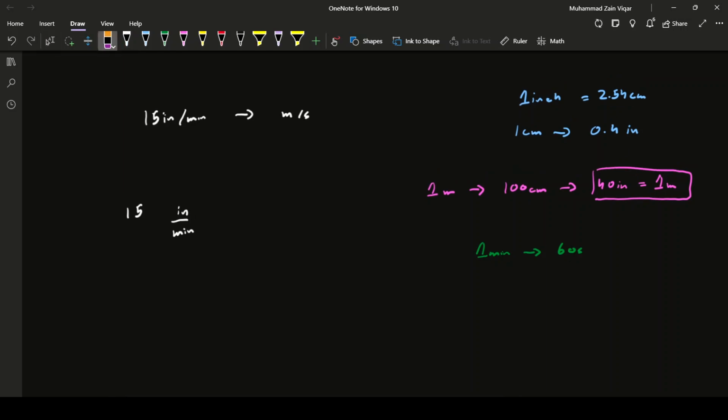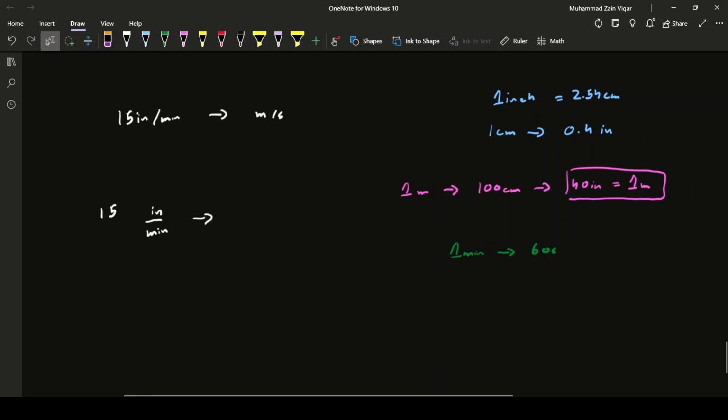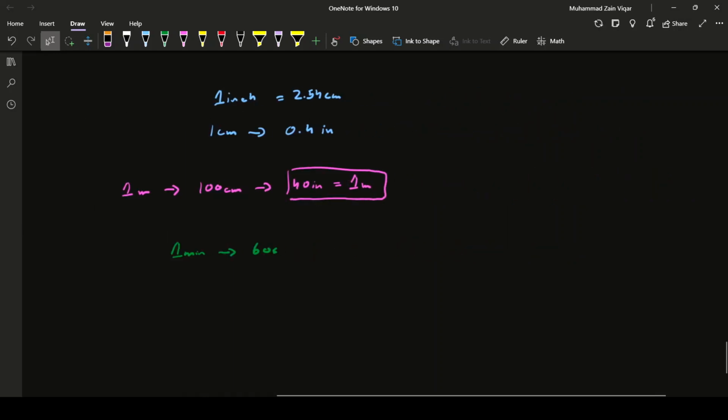So I change my inches with the conversion of inches, or oh yeah, just one step remains. This is 40 inches equals 1 meter. We need to find how much 1 inch is equal to in meters. So yeah, I just did it the long way.